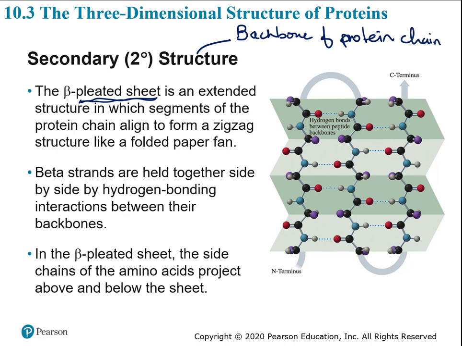The R groups are basically just hanging off, but it is the nitrogen and the carbon of that backbone that form these hydrogen bonds. And that creates both the pleated sheet and the helix and helps to really improve the flexibility of a protein.